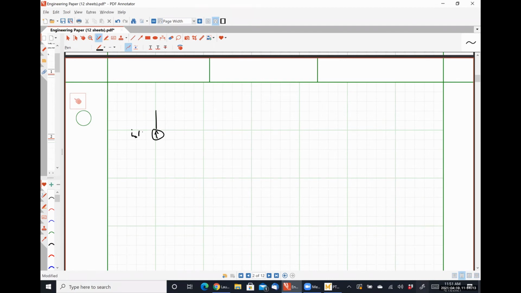Let's call this guy IS of t. Let's say that this is 10 millihenries. 5 ohms.